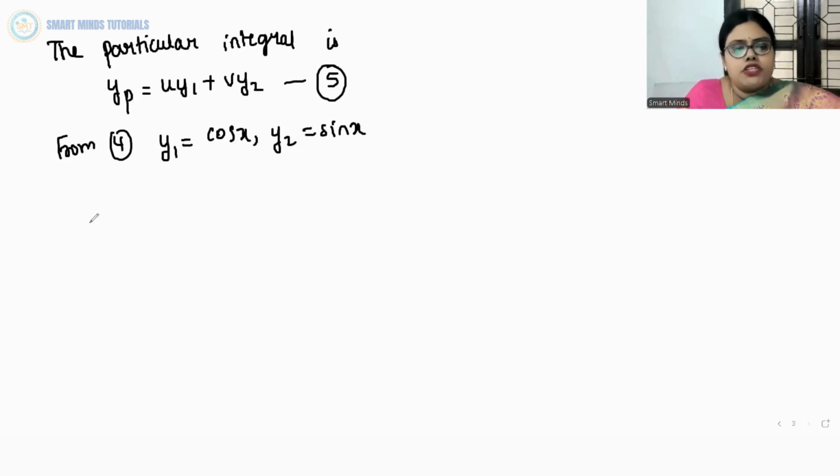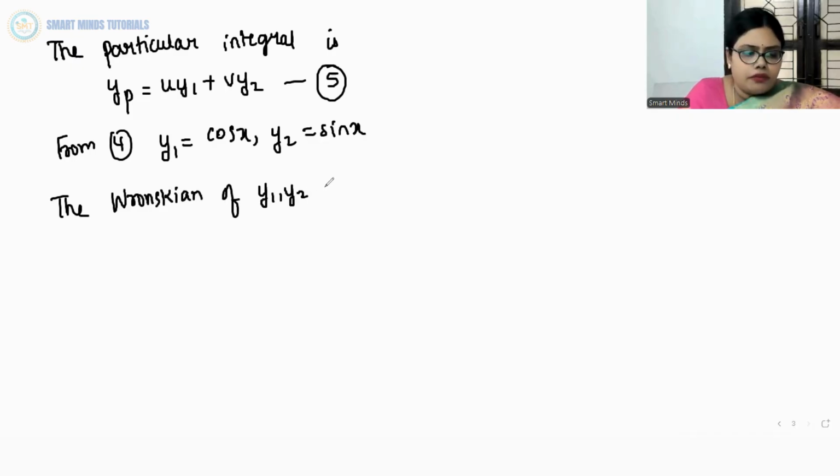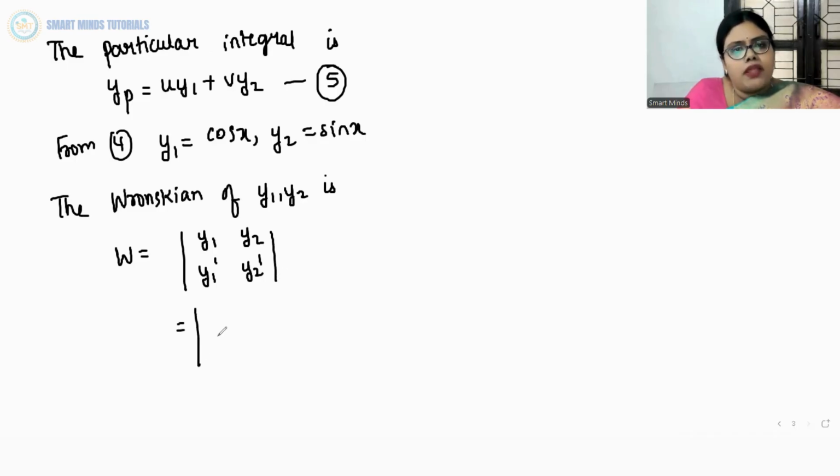Now here in variation of parameters, we come across a term that is the Wronskian. We need to find the Wronskian of y1 and y2. How do you find this? W is equal to the determinant of y1, y2, y1 dash, y2 dash. Now what is y1?